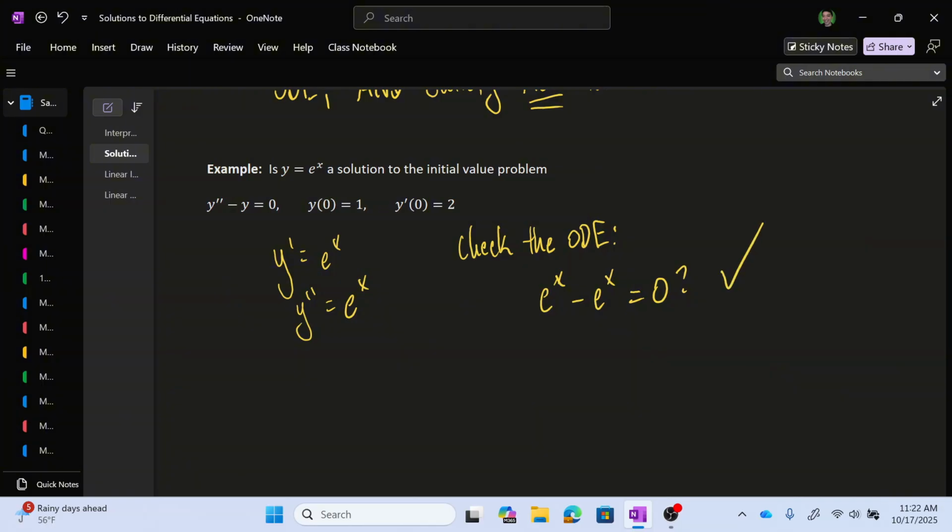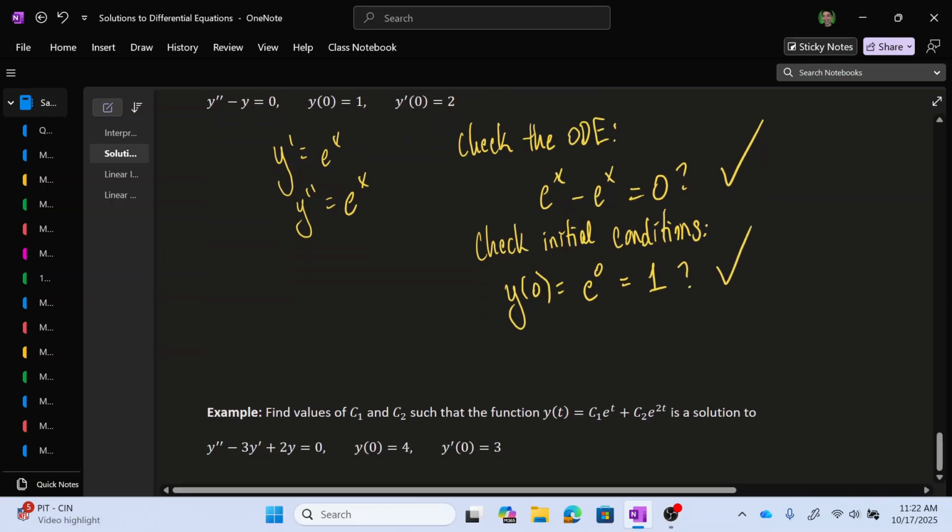So the first condition is satisfied, no problem. Next, I will check the initial conditions. So let's plug 0 into the original function, e to the 0. Is that equal to the given requirement, 1? It sure is. No problems there.